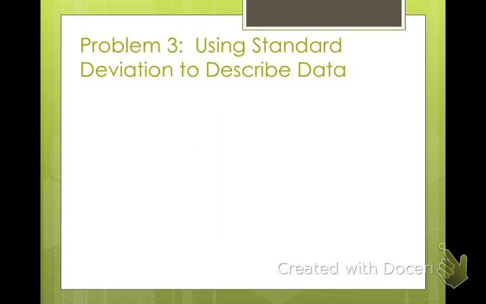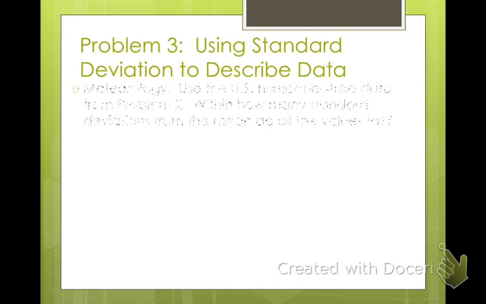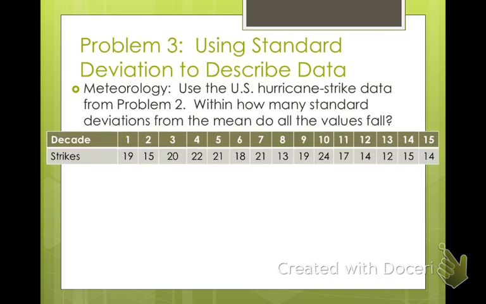Okay. All right, so what we're going to do is we're going to take that same data that we had before, and we're going to talk about this bell curve and what that means. So I'm going to draw this curve again. And down the middle, this is our mean. Remember, our mean was 17.6. Is that right? Oh, I lost it. Hold on a second.